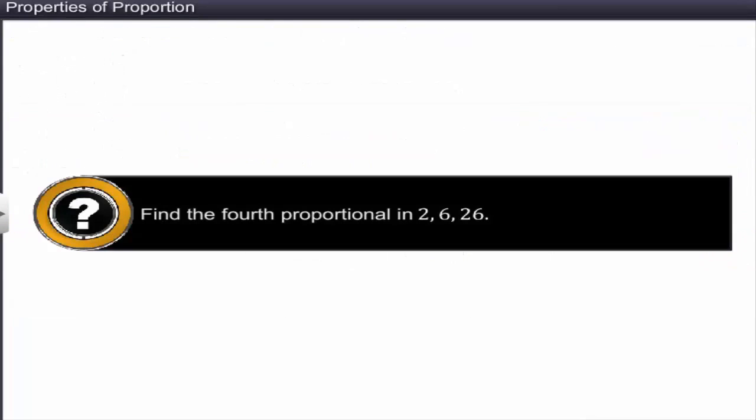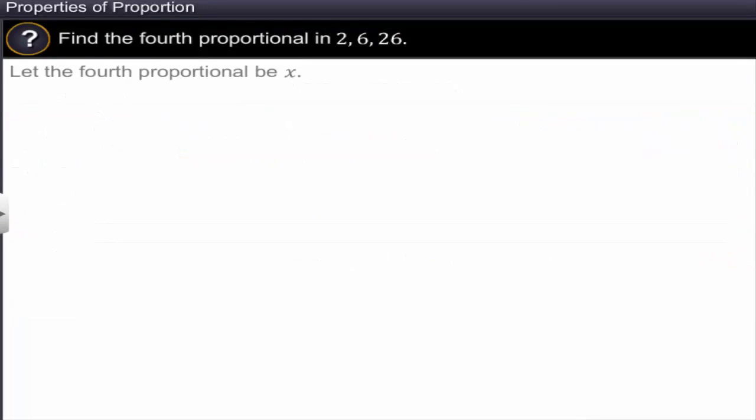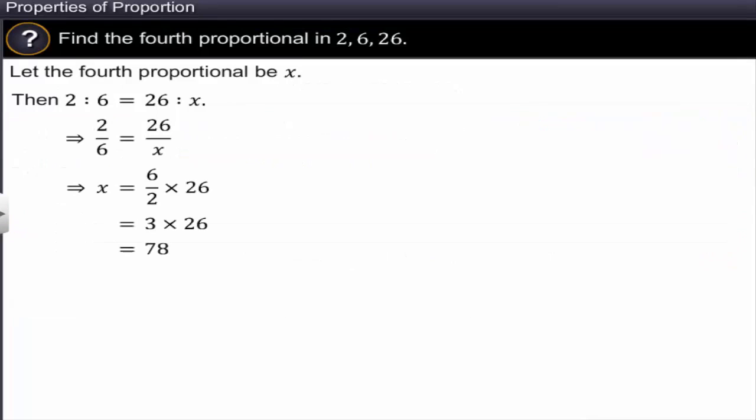Find the fourth proportional in 2, 6, 26. Let the fourth proportional be X. Then 2:6 is equal to 26:X. On simplification, we get the value of X as 78. Hence, the fourth proportional in 2, 6, 26 is 78.